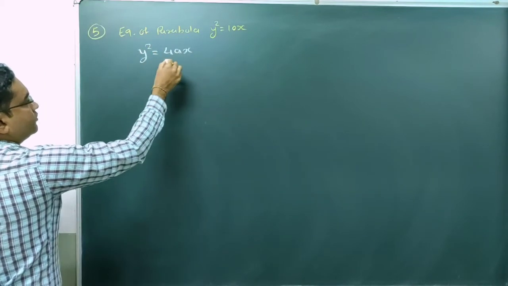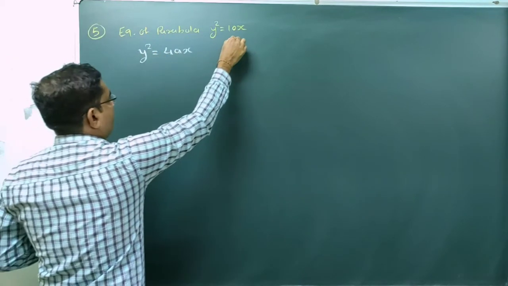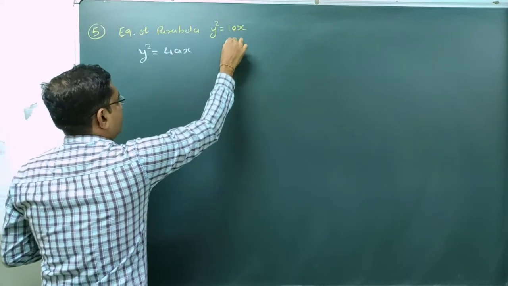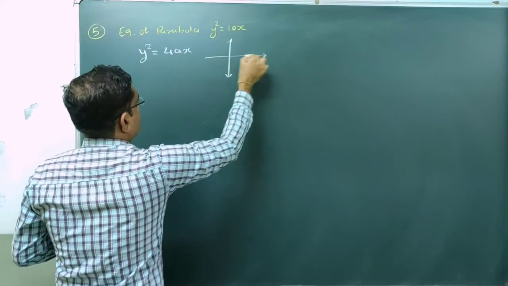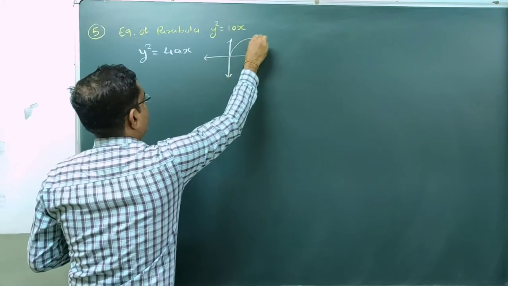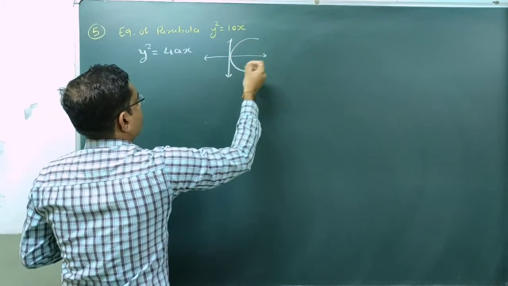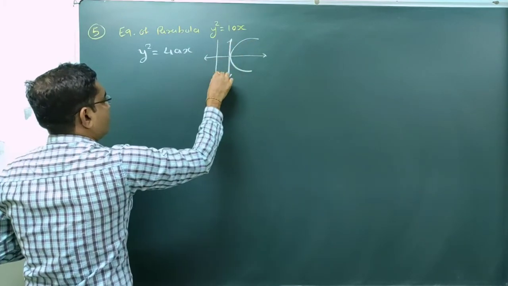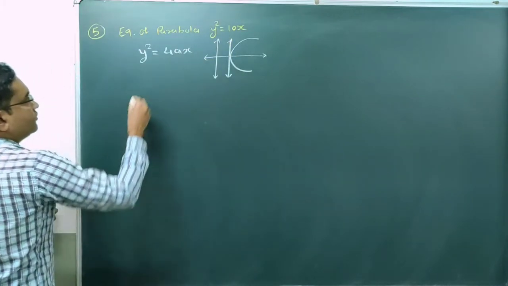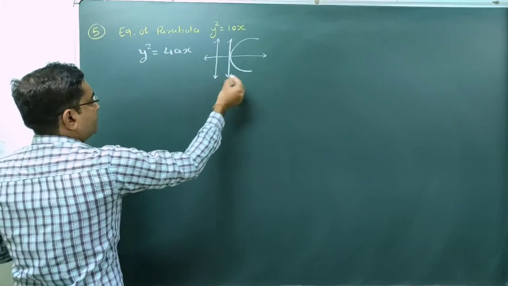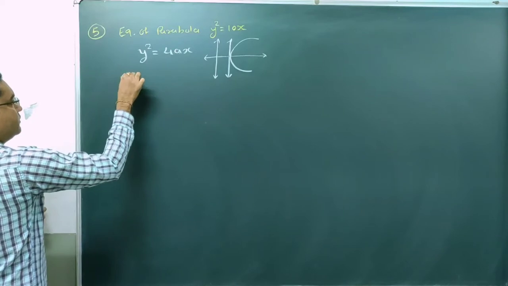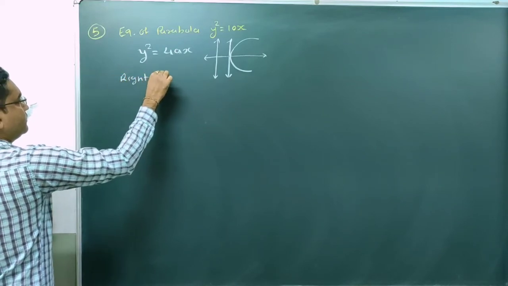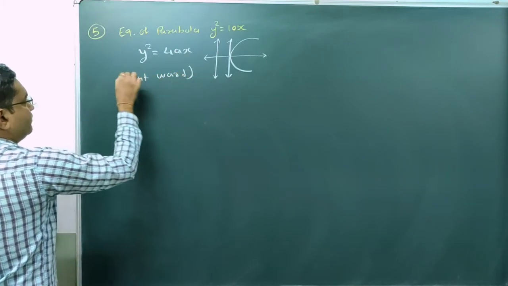So for positive and negative values of y, x is positive, y square equal to 4ax है ना. ये तो सिंपल वाला पैराबोला. So y square equal to 4ax, it's a rightward parabola.